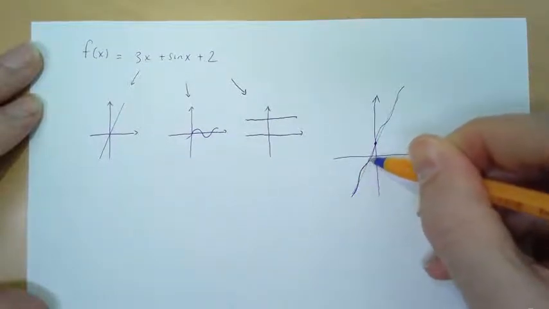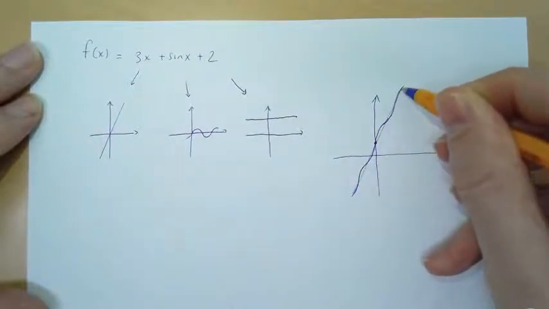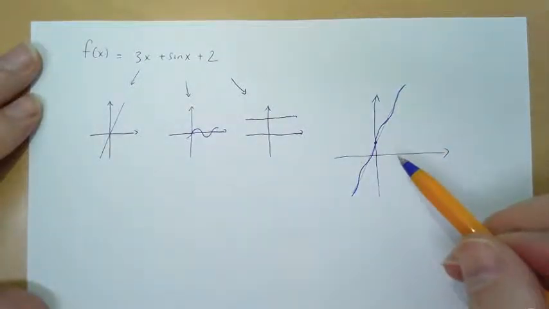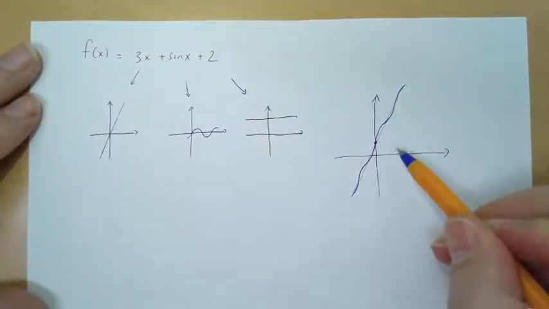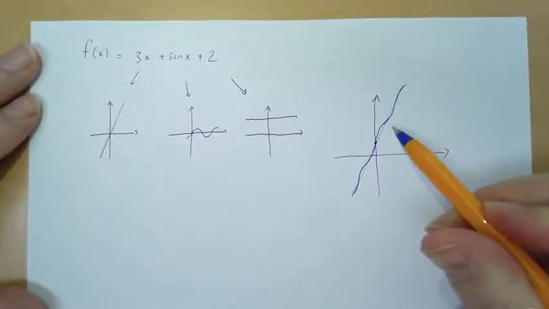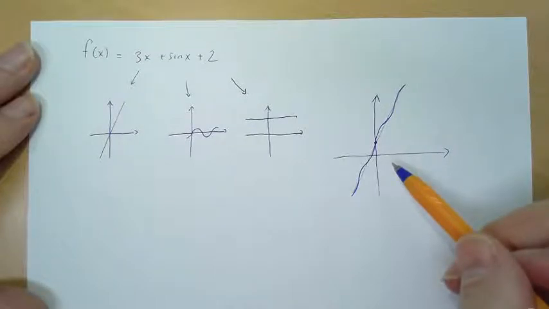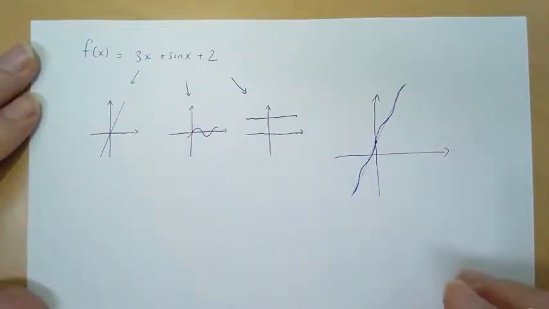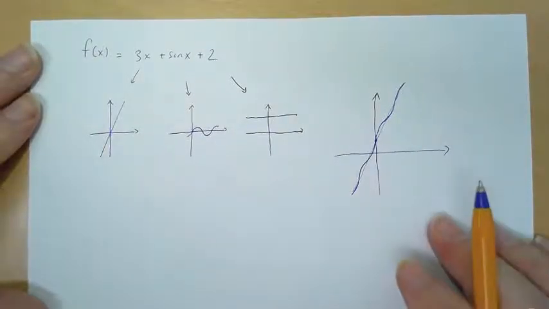So the graph that we're going to end up with is kind of snaky, but the point is there is no place where the tangent line is horizontal. The question that is asked is not to sketch this graph, but I think it's interesting to realize that we can try and do that.